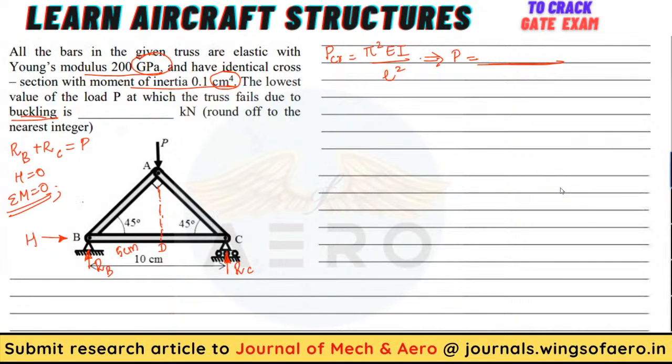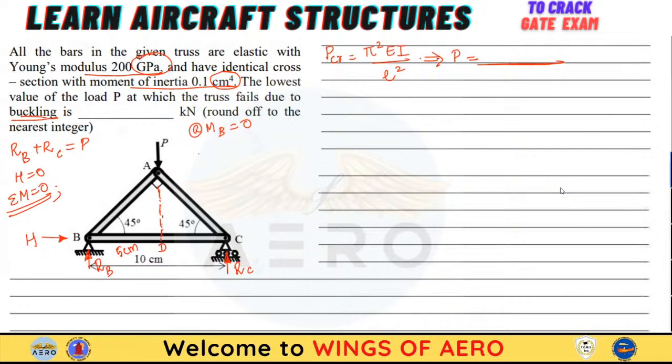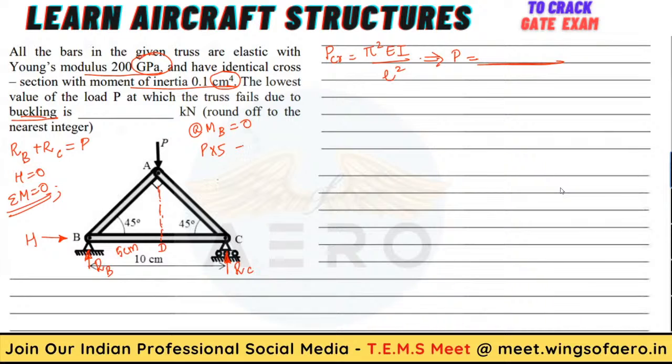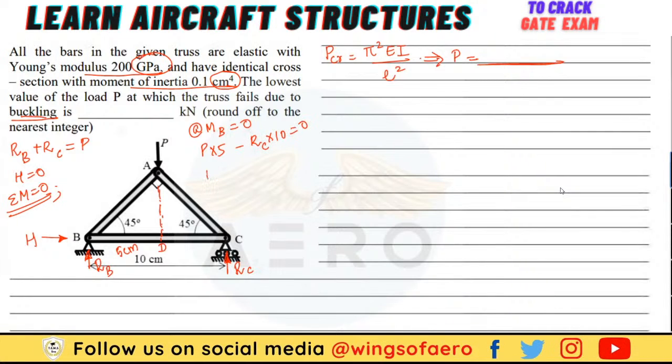Now how are you going to find this moment? Let's consider the moment at point B. P at point A is going clockwise, P into 5. Then RC about point B is going anti-clockwise, RC into 10 equal to 0. Now what is the value of RC?